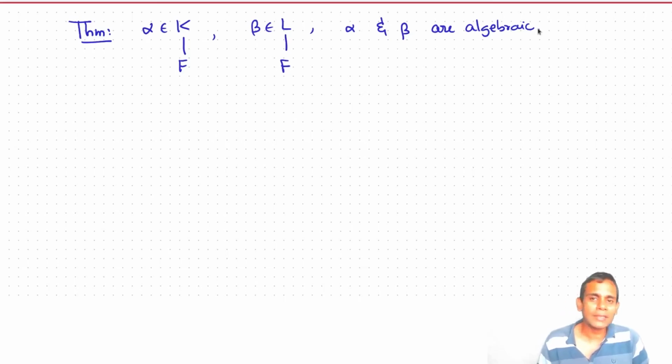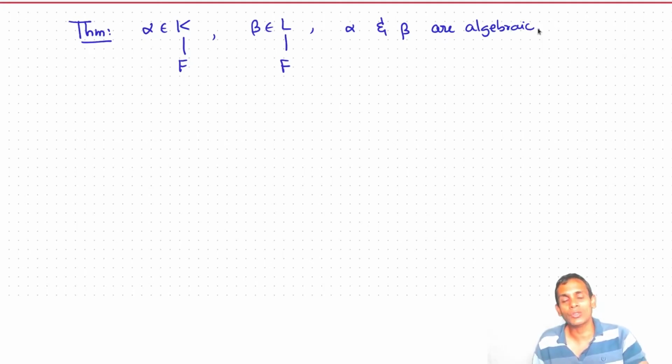And if alpha is algebraic but beta is transcendental, then F adjoin alpha is a finite dimensional vector space over F, whereas F(beta), when beta is transcendental, is going to be infinite dimensional. And so we know that F(alpha) cannot be isomorphic to F(beta). So the only interesting case for the isomorphism question is when alpha and beta are algebraic.